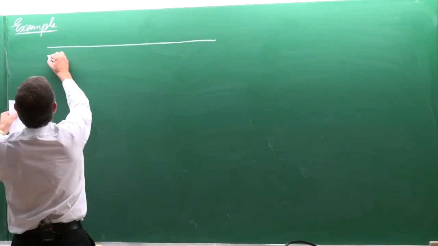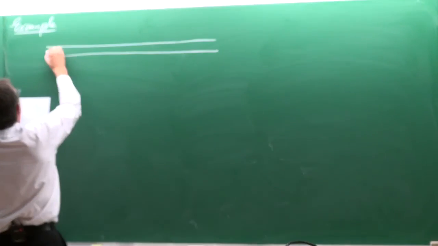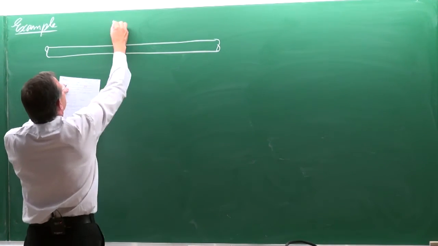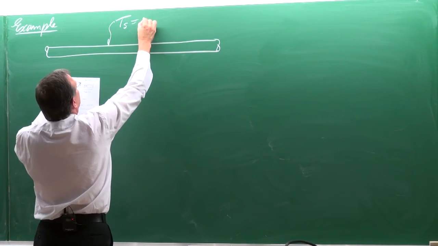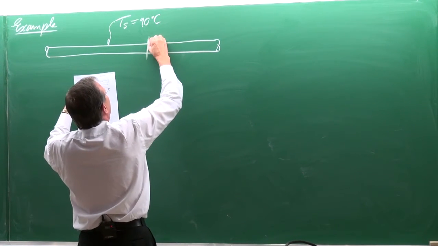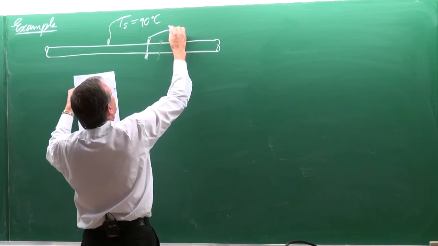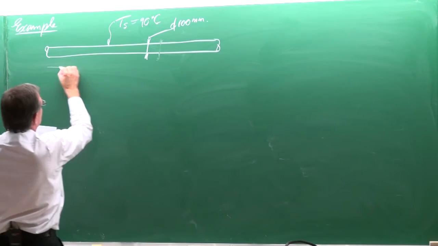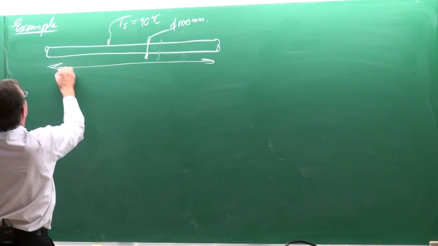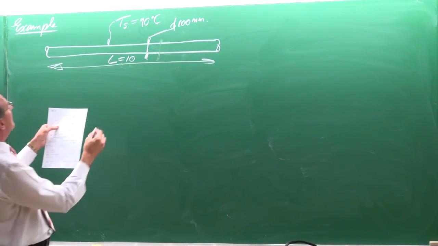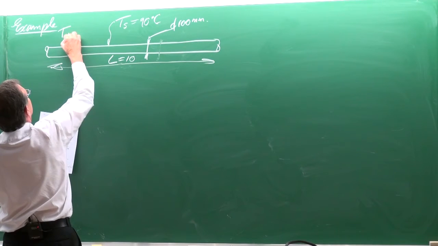So let's look at a long tube. It's in a horizontal position, and its surface temperature on the outside is 90 degrees Celsius. Its diameter is 100 millimeters, its length is 10 meters, and the ambient temperature is 0 degrees Celsius.